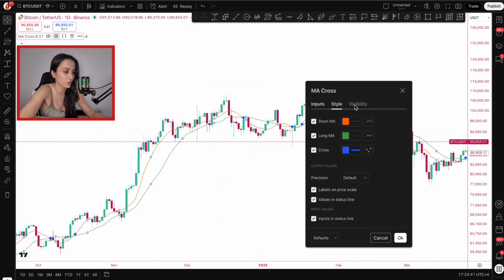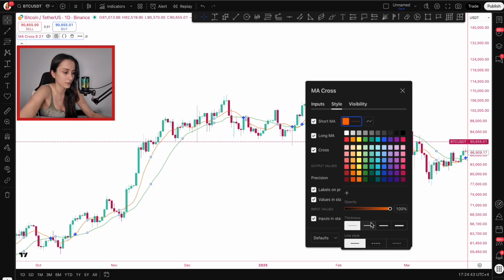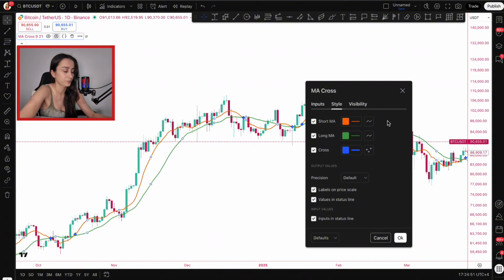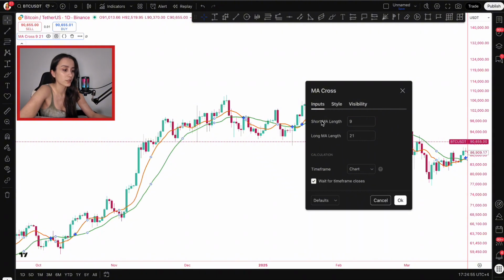First of all, I'll change the visibility to let you see better. So there are two different MAs, as you can see, short MA and long MA. Short MA, short moving average, is the orange one. It's telling me there is a 9 candle average value.